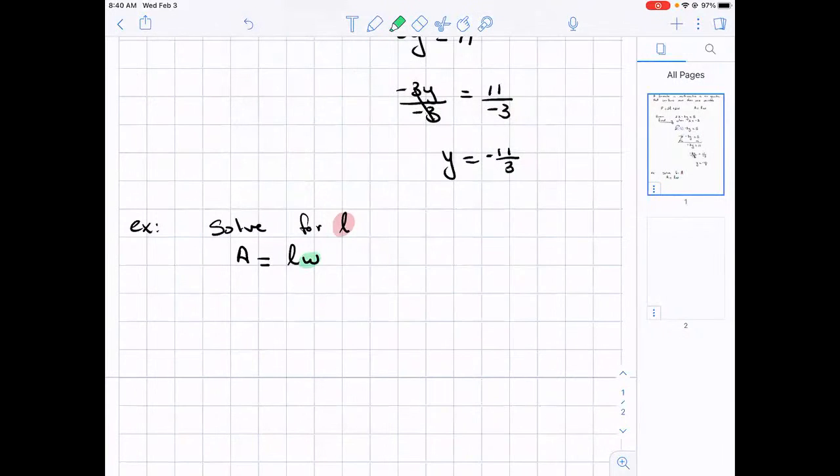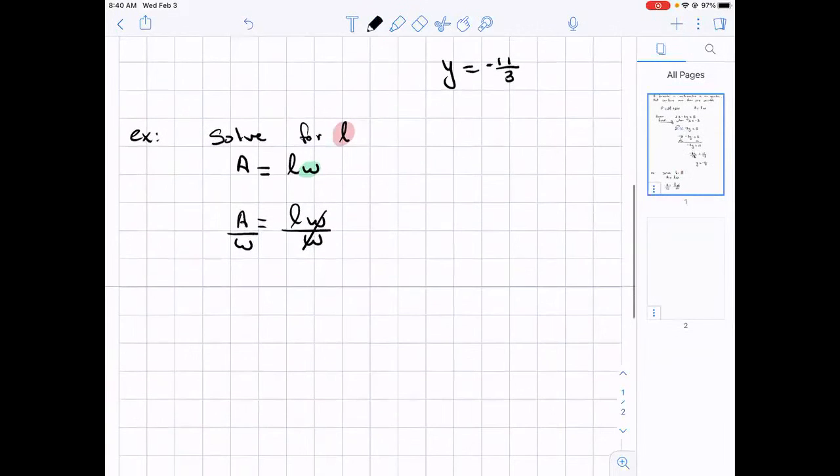But now L is not a number, L is a letter, and you want to leave L. So what we'll do, we will divide both sides by W, because the W will cancel out, and we have A over W is equal to L. And this is our answer. We have isolated L. We have left L by itself. Okay? And that's the kind of formula I want to look at.